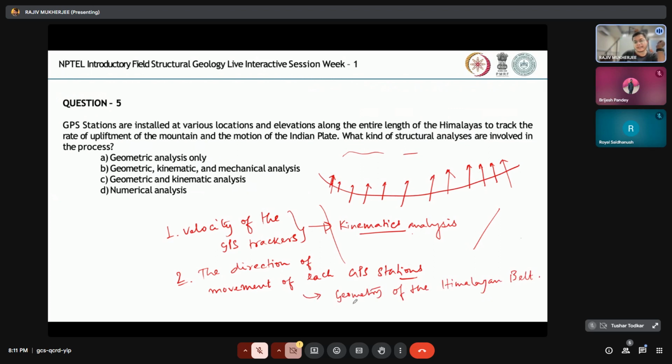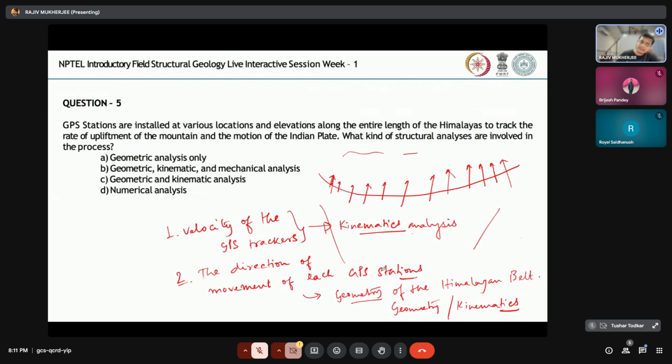So in a sense, the GPS trackers that are installed all over the range of the Himalaya are currently giving us live information about the geometry and the kinematics together, and that helps us interpret how the Himalaya is still growing and why it is still the youngest mountain belt in the world, right?